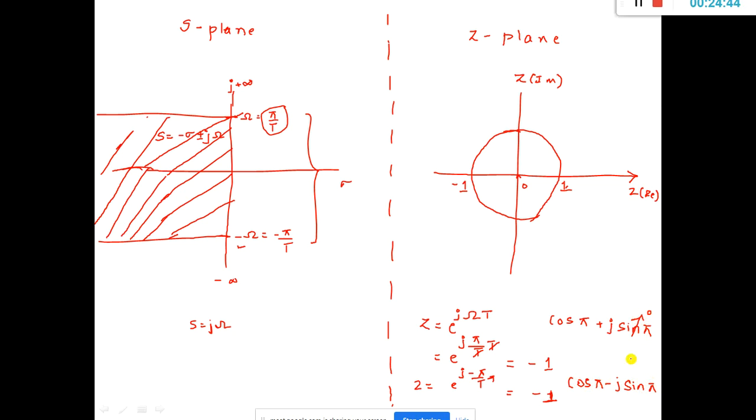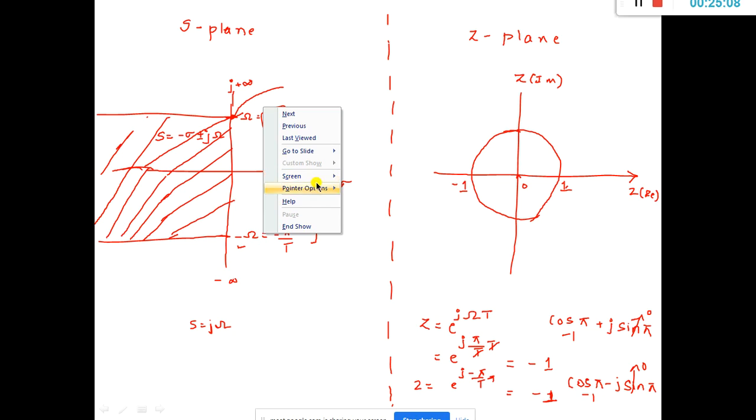So this is 0, this is also 0. Here it is cos theta with plus j, here cos theta with minus j, that's it. What is the value of cos pi? It is minus 1, and this is minus 1. So the maximum frequency will appear here. Let me change the ink color.